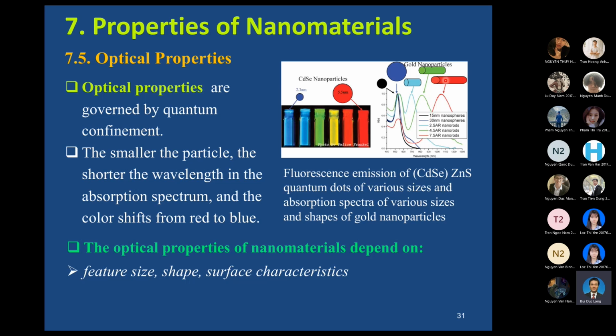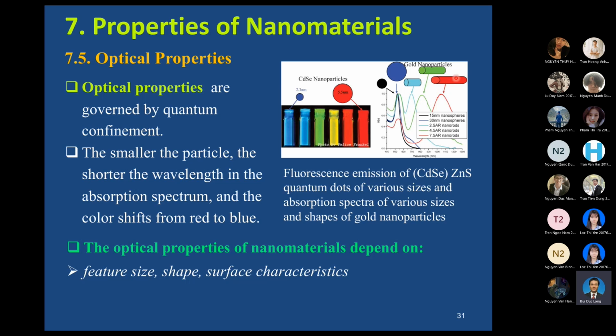So here, this is a sphere nanoparticle, and this is a rod nanomaterial, or we call it a nanorod. We can see here the absorption of light will be different when we change the shape and the size.